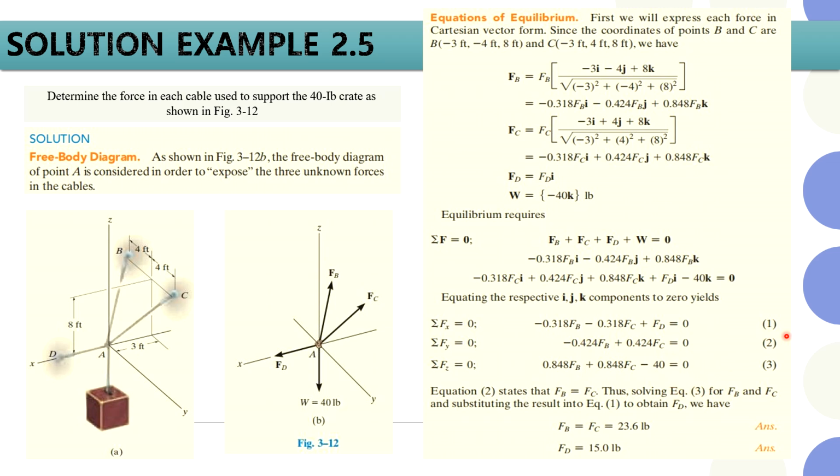So you get equations 1, 2, and 3. Solving this system of equations tells us that the force at B and the force at C are both 23.6 pounds, and the force at D you will get 15 pounds.